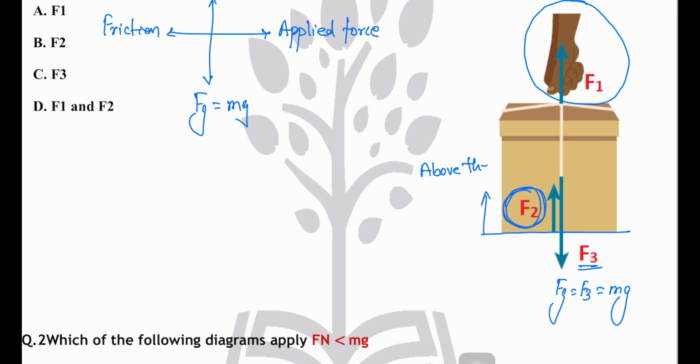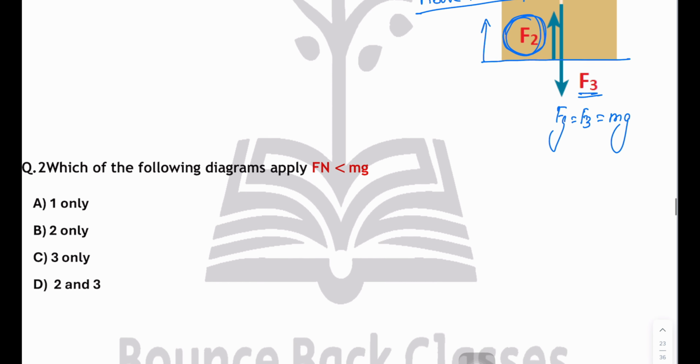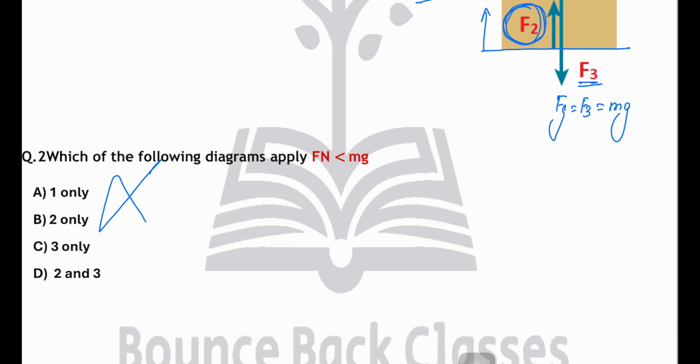So this is your normal force. Maximum students make it F1, which is wrong. So F2 is your normal force. Clear? Okay. This question, leave it. There is no diagram.